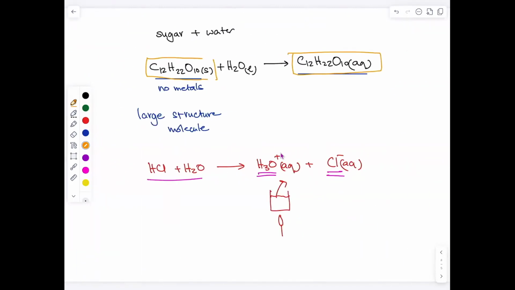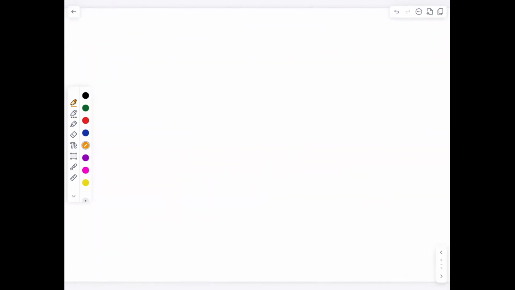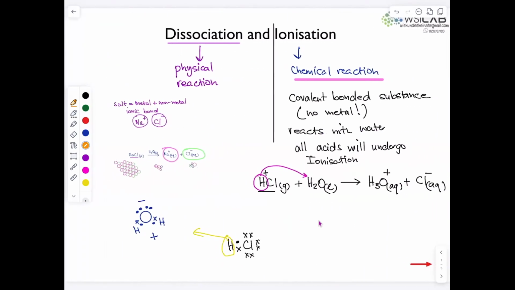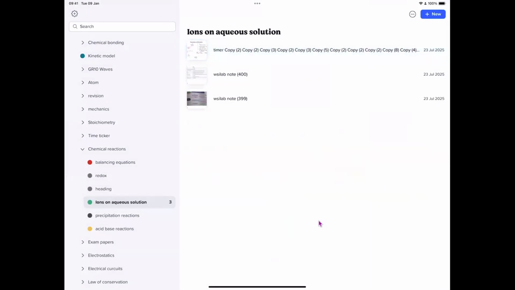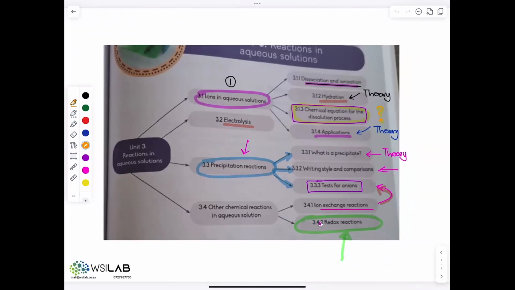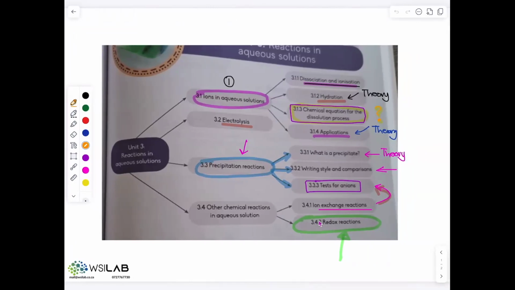Good. Just want to check in your book. Maybe you want to just go quickly to the section on, what was it? Just send me a picture. I'm just curious. 3.1.3. Just send me a picture of that. Because I think we've done ionization and dissociation. Yes.